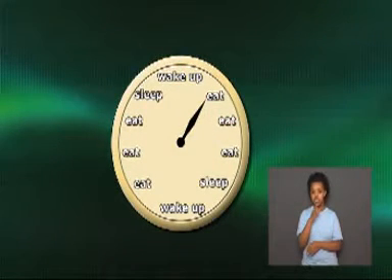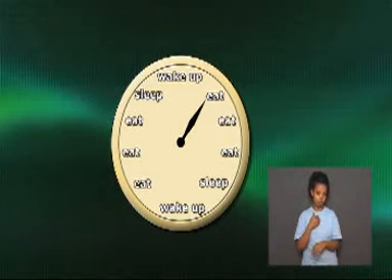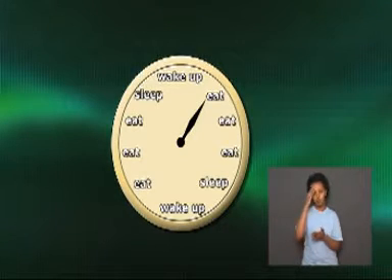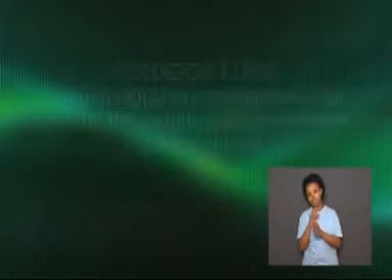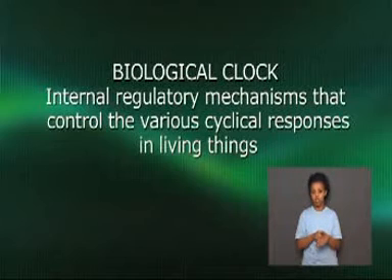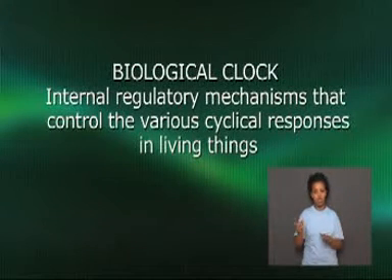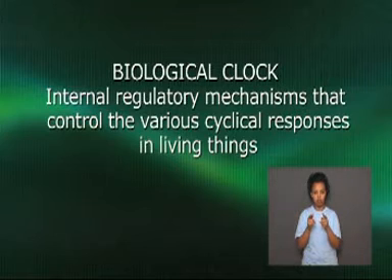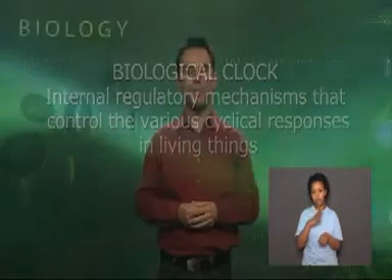Humans, animals, and plants all have a biological clock, and it notifies the organism when to eat, sleep, and wake up. A biological clock is a way to describe internal regulatory mechanisms that control the various cyclical responses in living things.